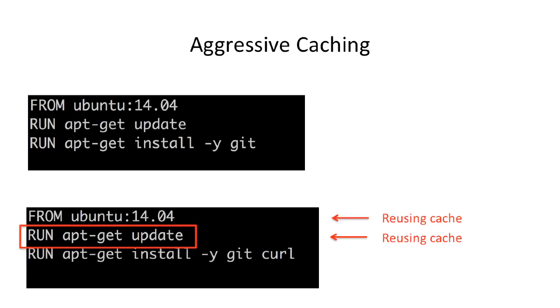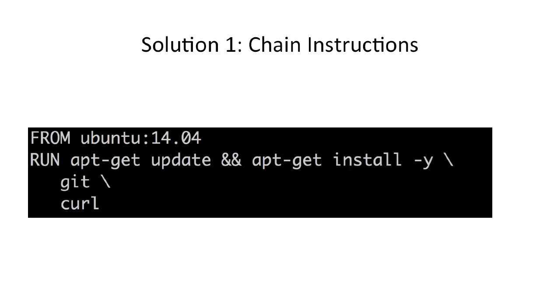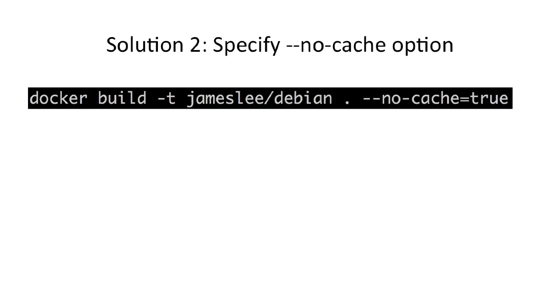Because apt-get update is not run, you can potentially get an out-of-date version of git and curl. The solution is to chain the apt-get update and apt-get install commands as a single instruction, so that whenever the apt-get command is modified, the whole instruction will rerun to ensure you get the latest version of the package. You can also tell Docker to invalidate the cache by using the no-cache flag when issuing the docker build command.